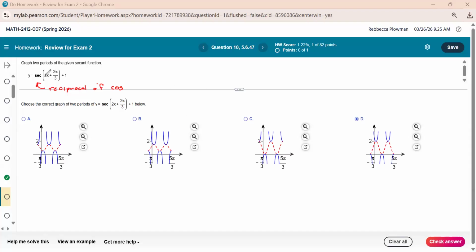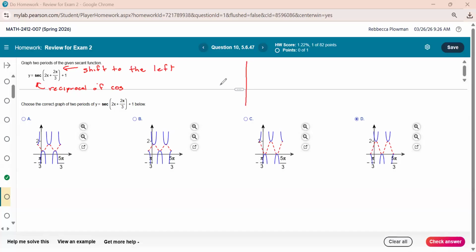But also remember that we have a phase shift and a change in period. The phase shift is going to cause a shift in the negative direction, so a shift to the left.